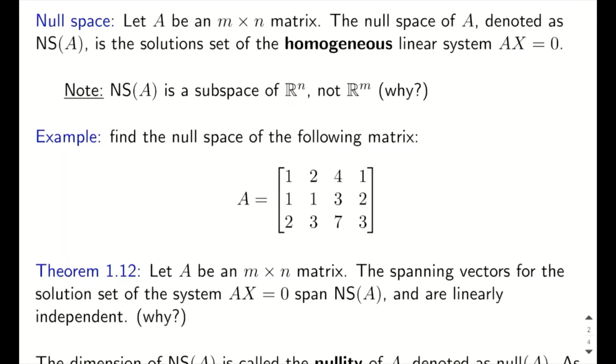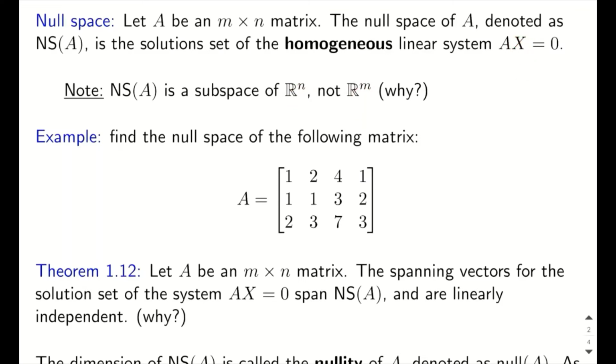Now remember, in order to be able to perform the multiplication of A and X, the number of columns of A will have to be the same as the number of entries on the vector X. And because A has n columns, the number of entries on the X vector will have to be n entries. If it is a solution of this equation, it will have n entries, and if it has n entries, it's an element in Rn, not Rm.